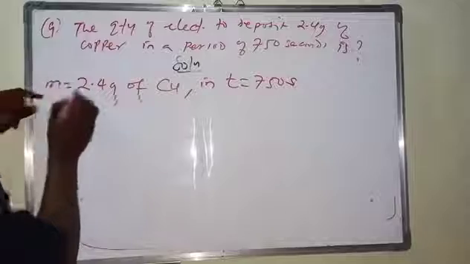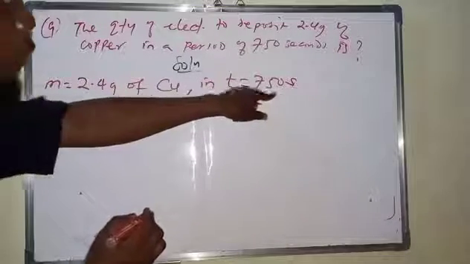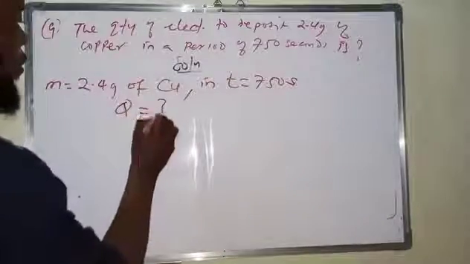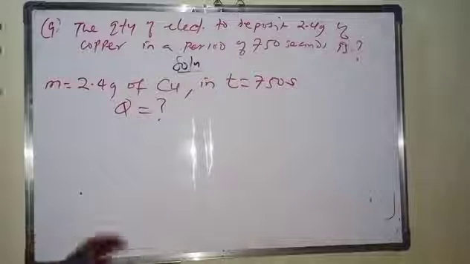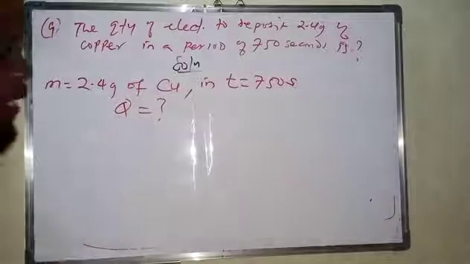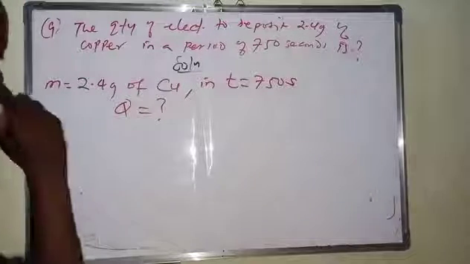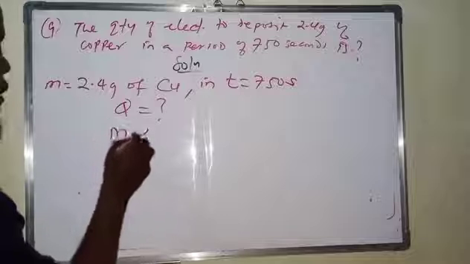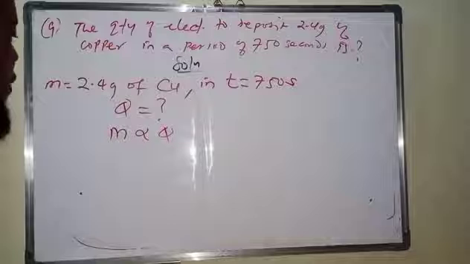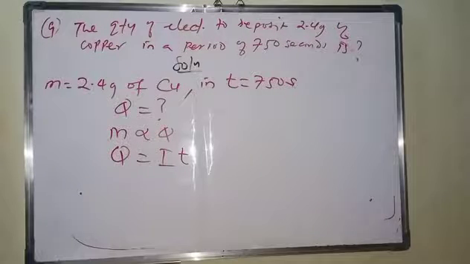To deposit this mass of copper in 750 seconds, what quantity of electricity is required? This is what the question is talking about. So remember, by Faraday's first law of electrolysis, we stated that mass is proportional to quantity of electricity. And then we went further to say that quantity of electricity is the current multiplied by time.